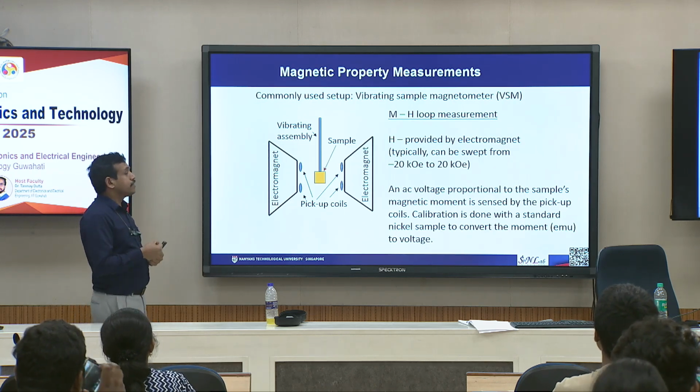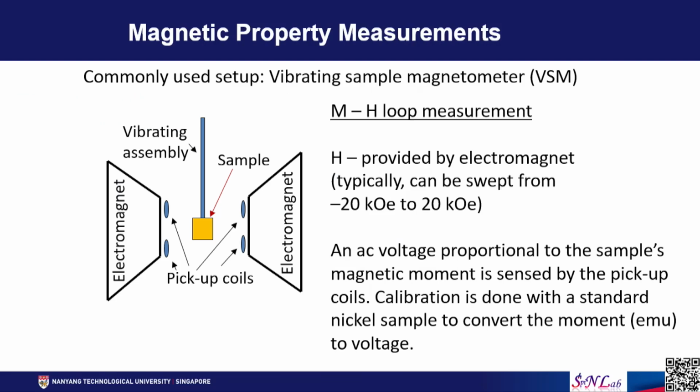If you bring a magnet next to a paramagnetic material, you cannot see the attraction because the force is not that strong, but with these sensitive magnetometers we can measure the magnetic properties of diamagnetic, paramagnetic, ferromagnetic, antiferromagnetic materials and so on.